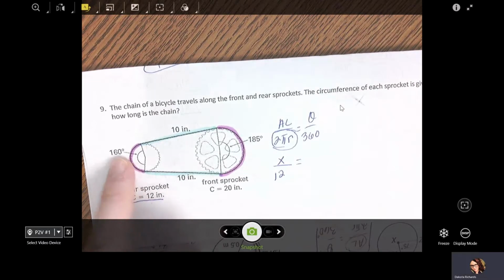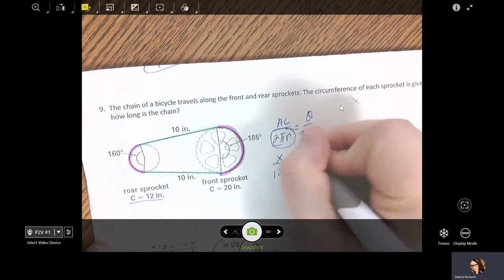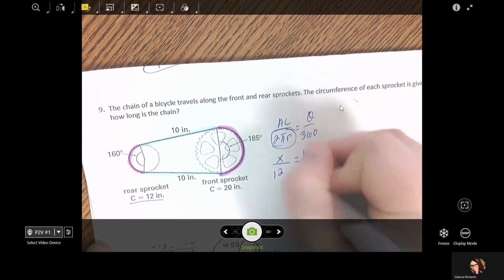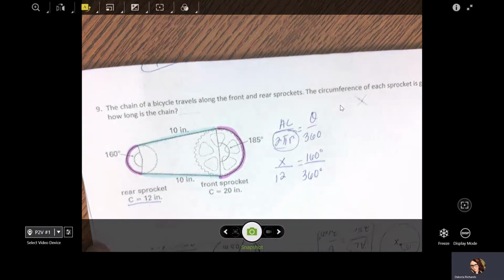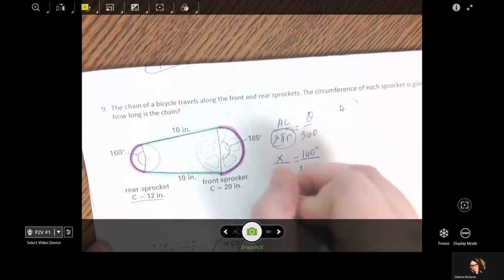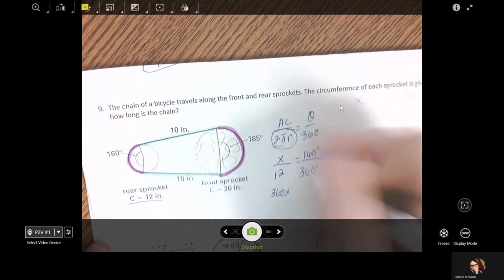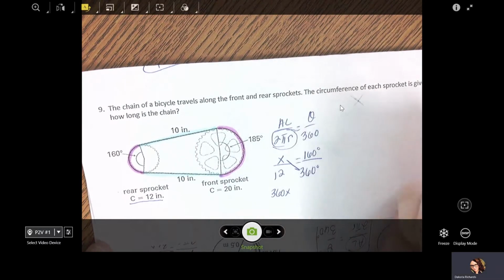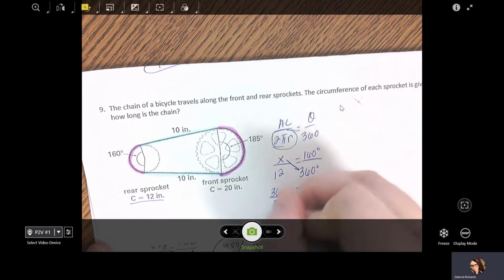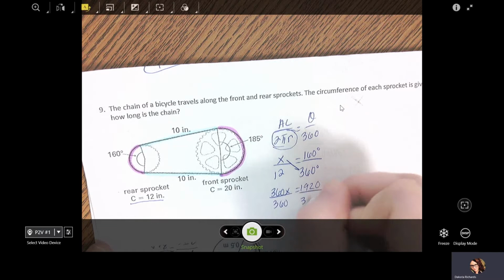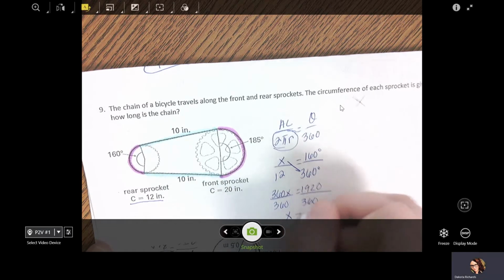Your arc measure is just 160 for this one over 360. Now you cross multiply. What is 12 times 160? Divide by 360, and x should be 5.3.